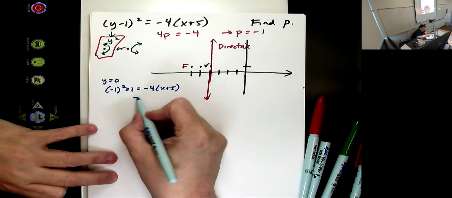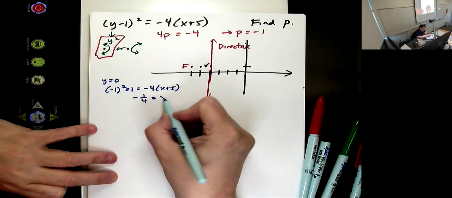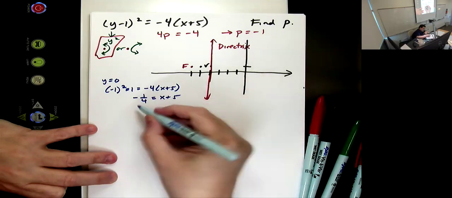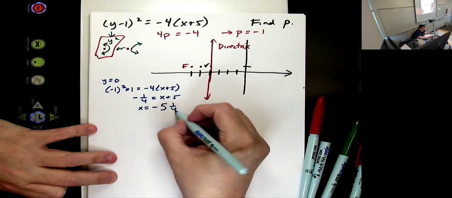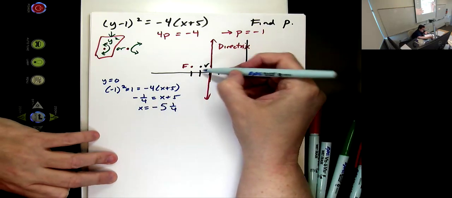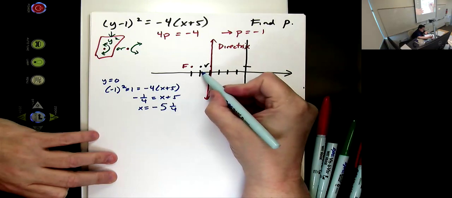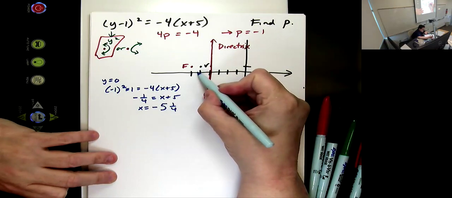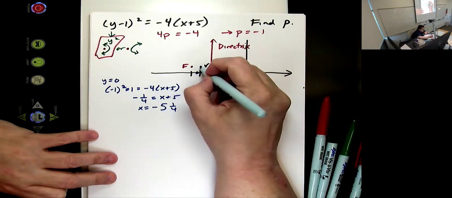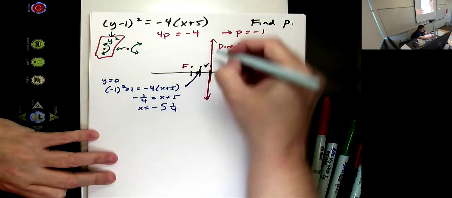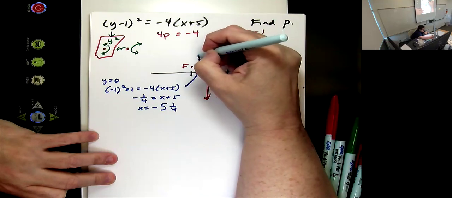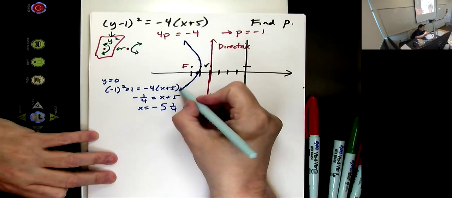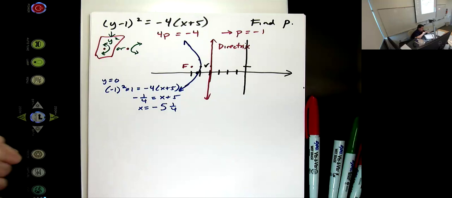So -1/4 equals x plus 5, so x equals -5 1/4. We were at -5, 1 right here, so that's not very far, that's right there. It's pretty flat. Use some symmetry to go that way. It's a flat-looking parabola.